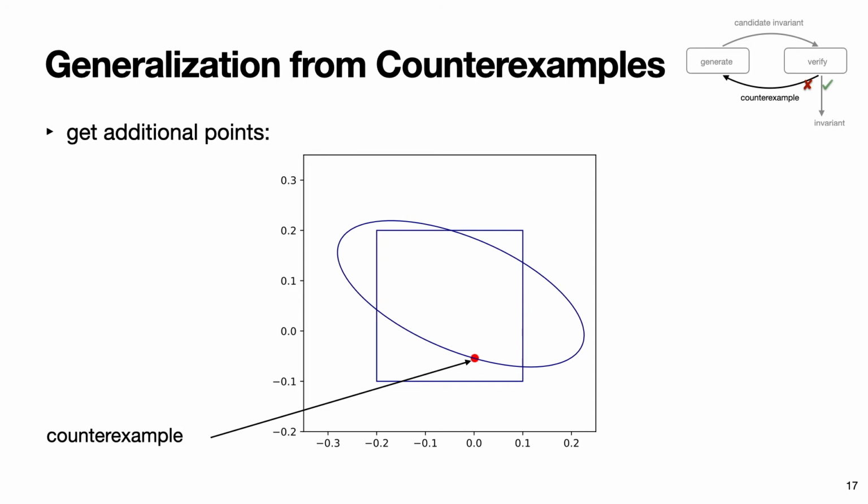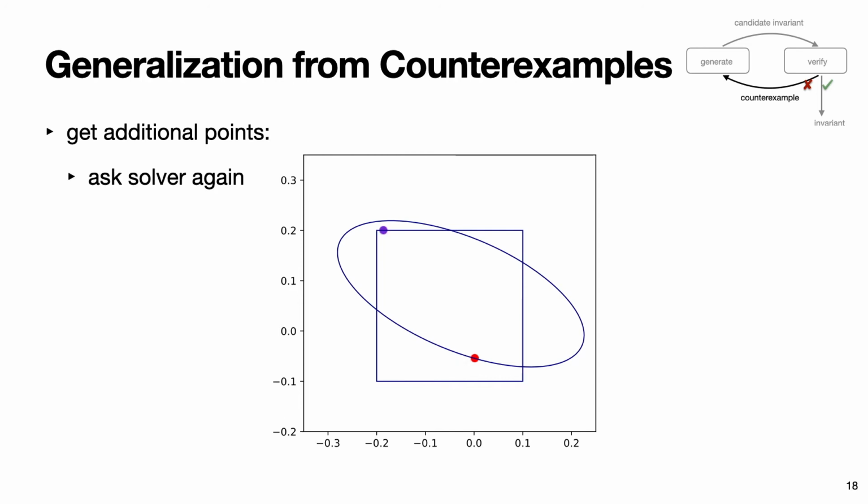Our algorithm uses several ways to generalize from a counterexample. First, we can ask the solver to return an additional counterexample that is at least at some distance from the original one. Additionally, we can use nearby points. By nearby points, I mean points at a constant distance from the original counterexample.